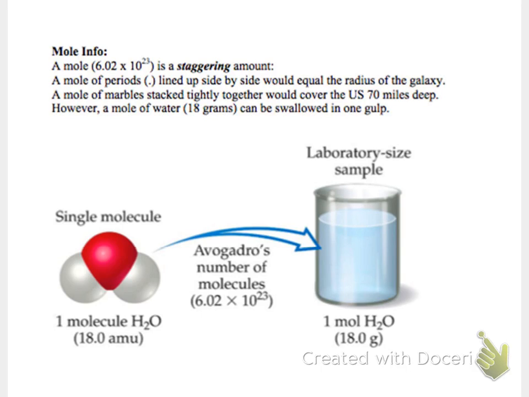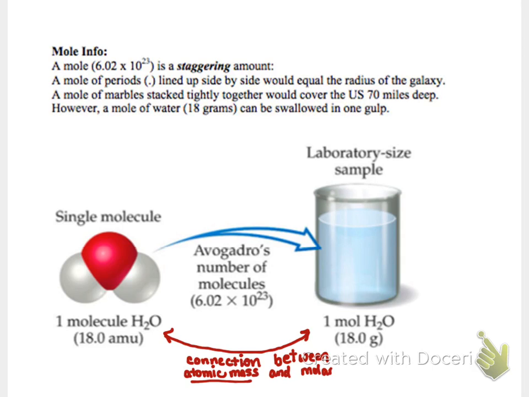Our connection between AMUs, which is a way that we count single molecules, and the laboratory-sized sample that we are actually going to measure, is the connection between atomic mass and molar mass. And molar mass is what we use in the lab. But these numbers are exactly the same.